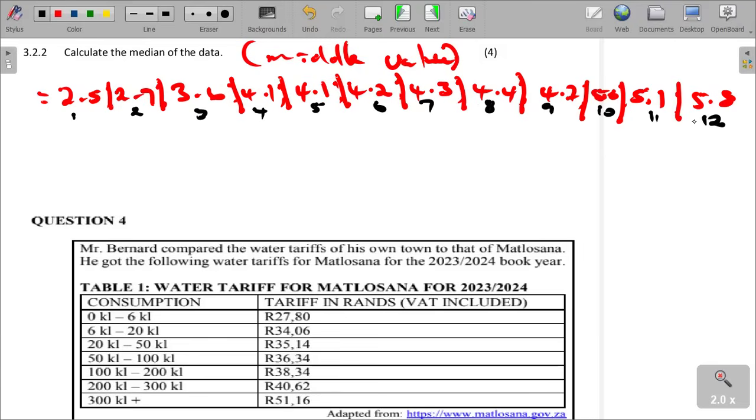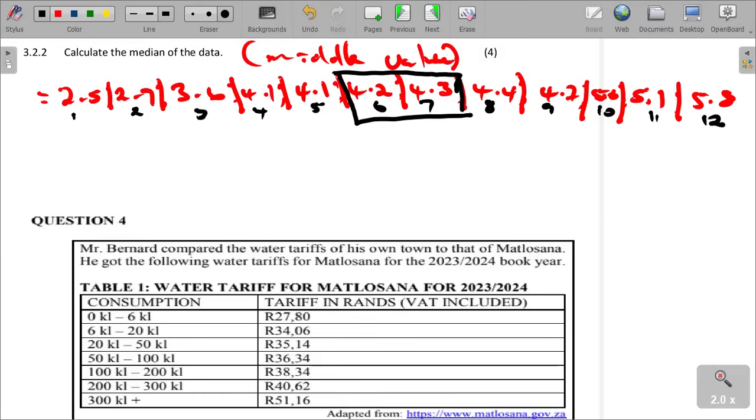We have 12 measurements given. Now we are looking for the middle value. If we count 1, 2, 3, 4, 5 from each side, the middle values are the set of numbers 6 and 7. 6 and 7 are the middle figures.